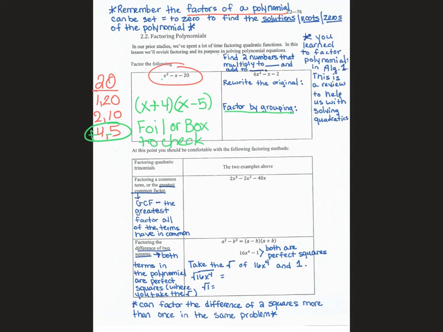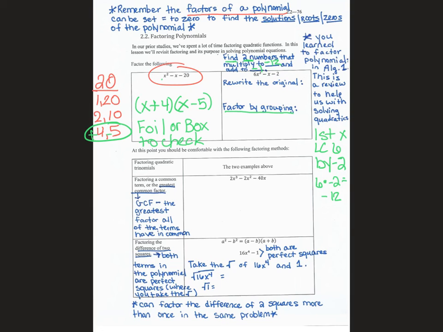To start this factor by grouping, we need to first multiply the leading coefficient of 6 by the constant of -2. So we have 6 times -2, which is -12. So now, when we come over to the side of our paper to find our factors, we want to find two numbers that multiply to -12 and add to -1.